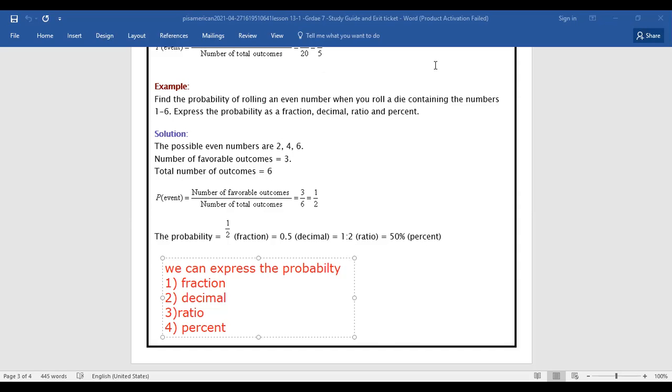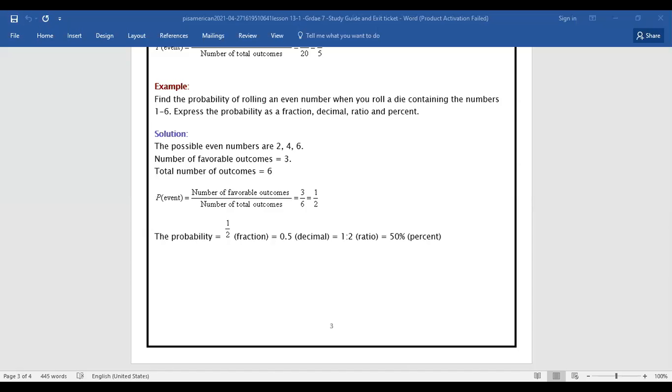What are we going to do now, Hassan? We're going to compare between the experimental probability and theoretical. Thank you. Okay, let's continue. I'll come back to you again, Hassan.